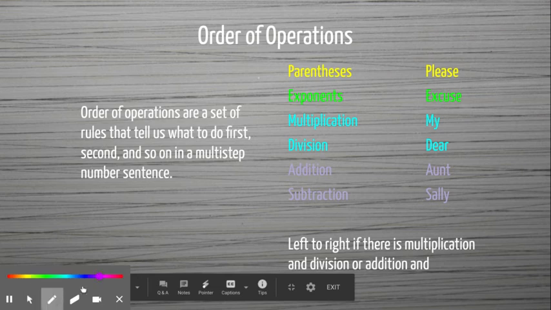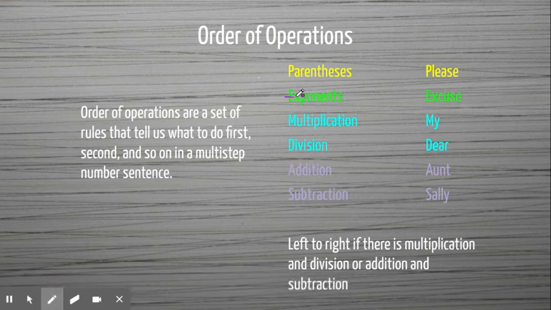Exponents is the one that I told you we aren't doing yet in 3rd grade. But as you move up in different grades, you will start using exponents. So it's important to remember that after parentheses, you do exponents. Then you do multiplication and division, and you do addition and then subtraction.